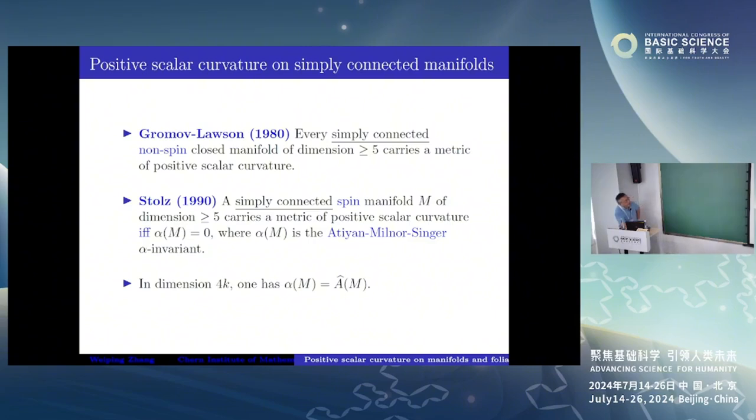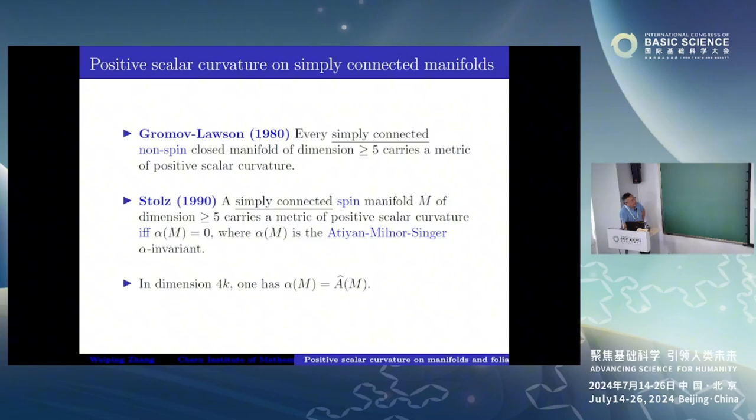In dimension 4k, for simplicity, I will just concentrate on the case where this alpha invariant is the index. The consequence is that this question, whether a manifold carries a metric of positive scalar curvature, has a satisfying answer for simply connected manifolds of dimension larger or equal to 5.